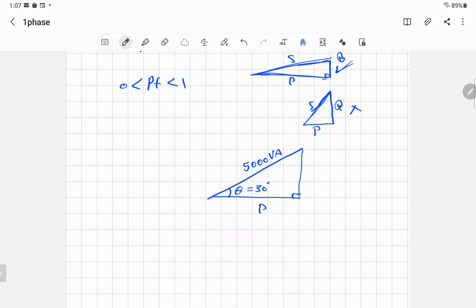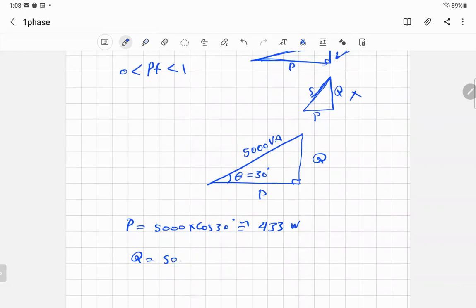If we ask what's the power, can you find the power? Yes, you can. The power is equal to 5,000 times cosine theta. So we have 5,000 times cosine 30. We get 433 watts. What about Q?